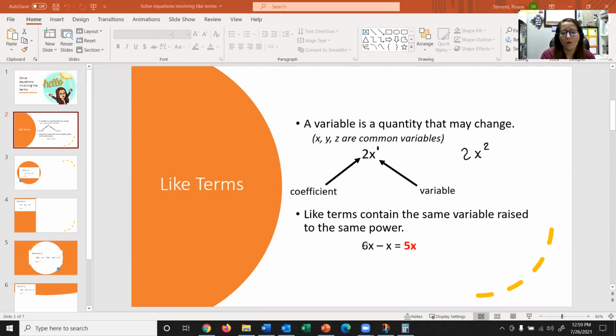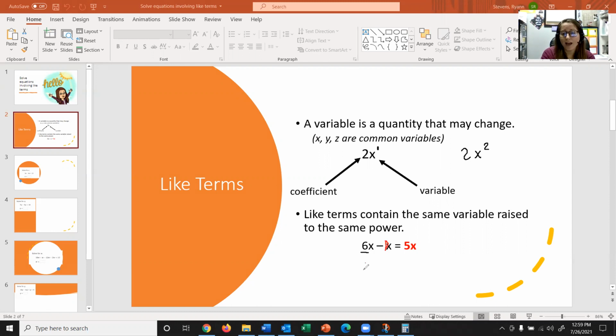So as an example, we look at this question down here. We have 6x minus x, okay? And what we want to do is look at the coefficients in front of these variables. So we know that we have this 6, and anytime you see a variable without a number, that's actually going to be represented by, and I'm going to change the color so we can see it, a 1.